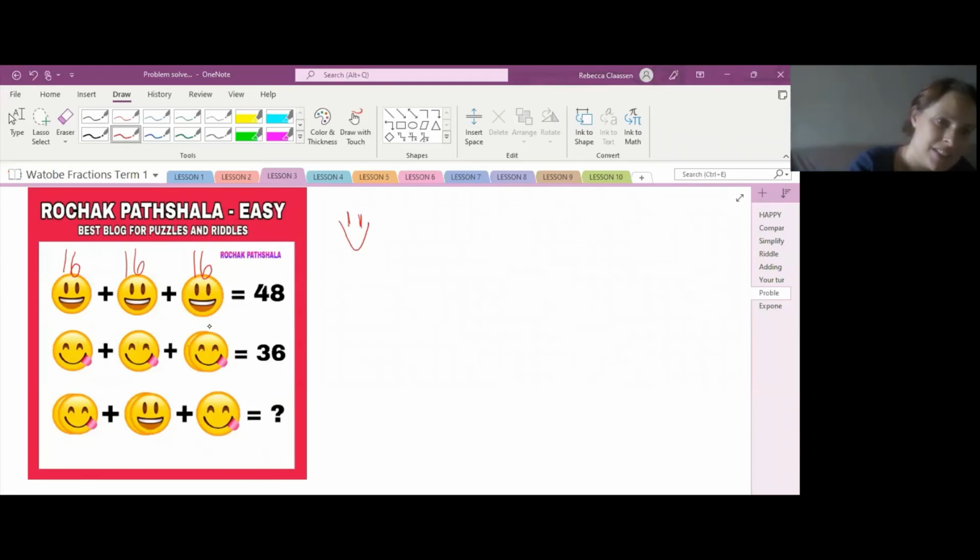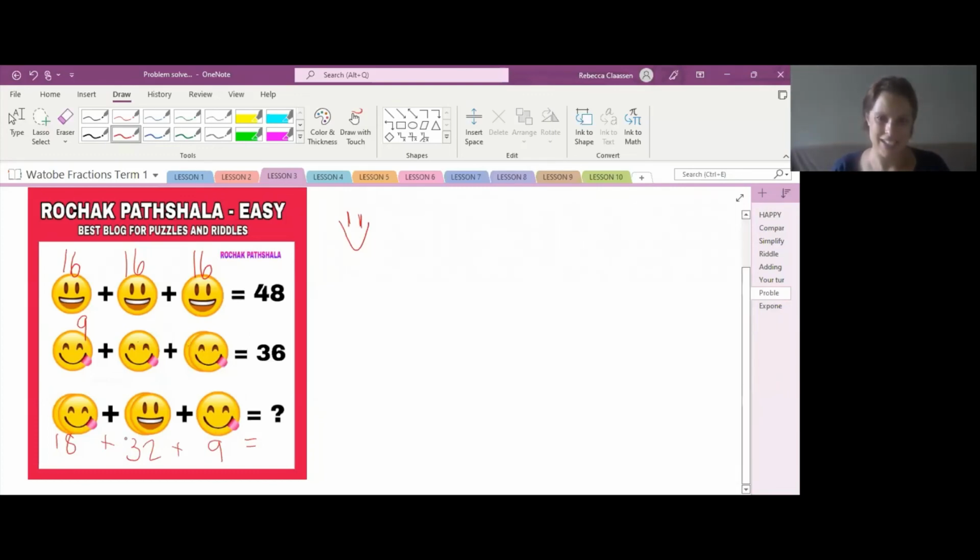What's 36 divided by 4? 9. Okay, so here I've got a 9 plus 9, so that's going to be an 18. Plus 16 is 32. Plus a 9. And what does that give me altogether?